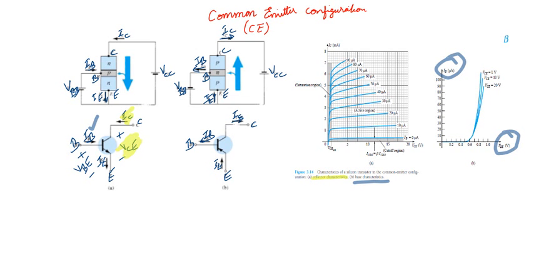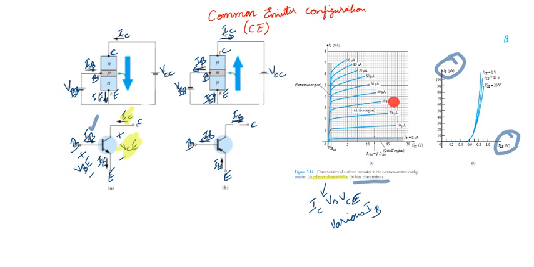For the collector characteristic, what I'm doing is plotting IC versus VCE for various IB, for various base current values. These are the base current values. We can see up to some extent it rises, then it will be constant. As you can see here, the base current is very small.